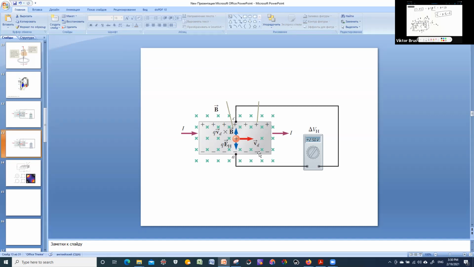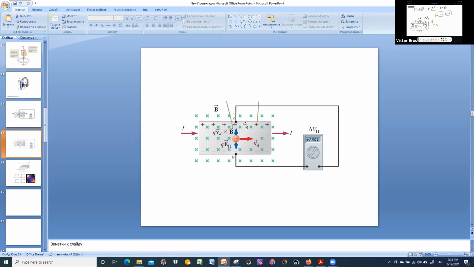So we create some positive space charge at the upper edge of the semiconductor because of the action of the magnetic force on mobile holes in this semiconductor, and then at the bottom edge of the semiconductor there will be some uncompensated negative charge created by negatively charged acceptor atoms.